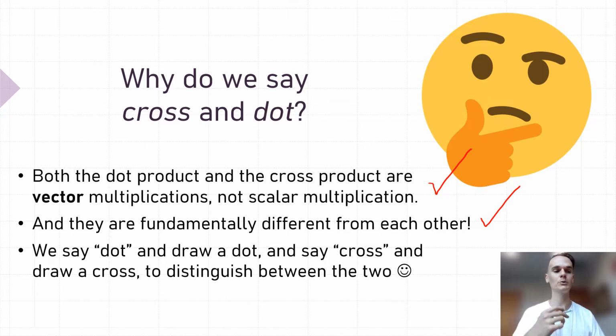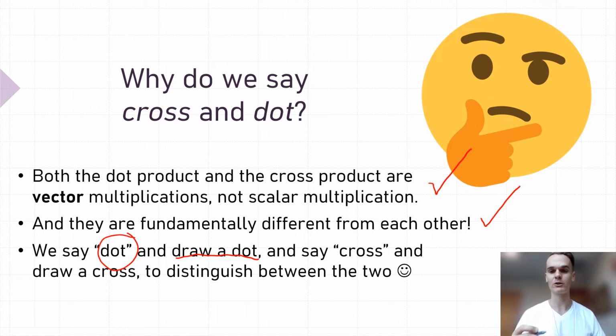And in order to differentiate between which vector operation we're doing in our problems, we should always say dot whenever we're indicating that we're taking the dot product, so vector A dotted with vector B, and we should always draw the dot whenever we write out our work.